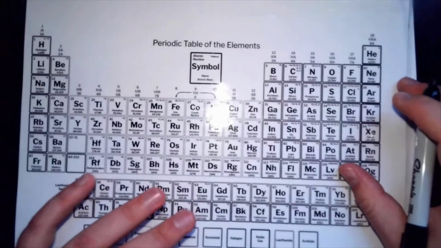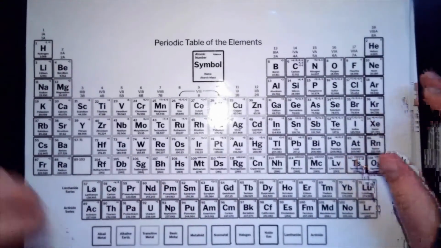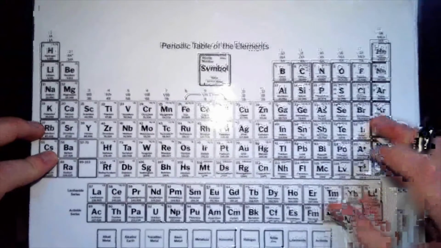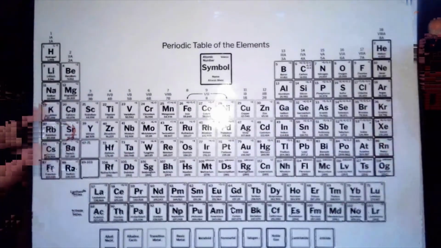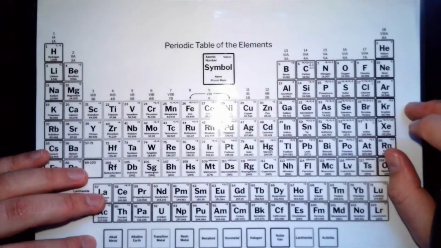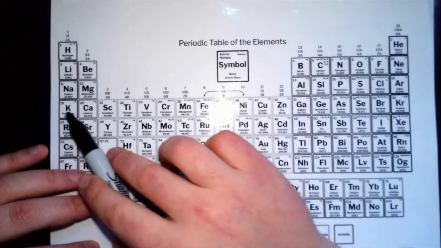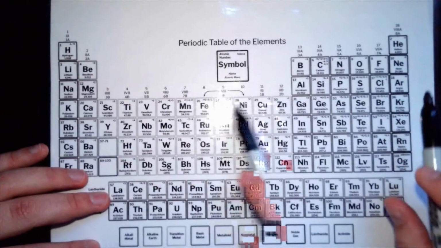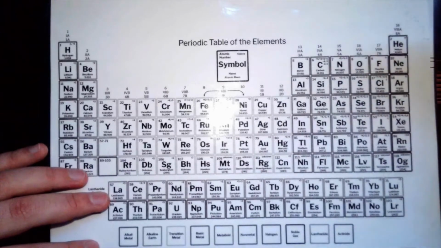The trend that's a little less intuitive is going left to right. So going left to right, I feel like a lot of people would expect it to get bigger, but actually the atomic radius decreases as you go left to right across a period. So basically the reason why is because as you go across a period, you're not changing energy levels at all.